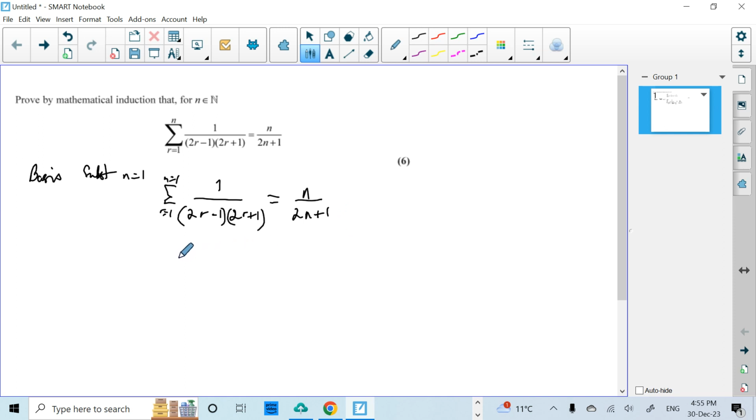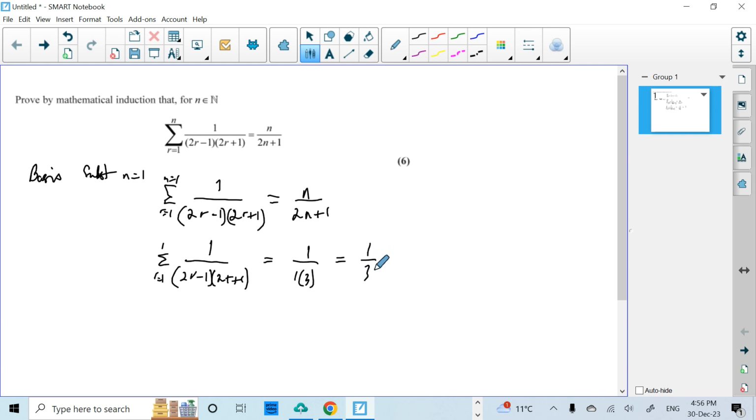Now, if I substitute the value of 1, so r equals 1, again I'm going to write out the question, 2r minus 1 over 2r plus 1. I have to do this several times. What do I have? I have 1 over 1 times 3, which is equal to a third.